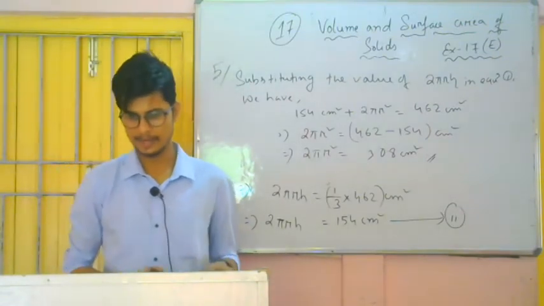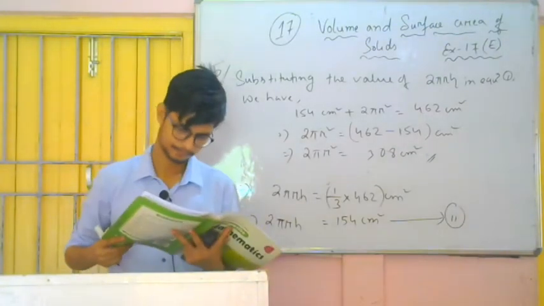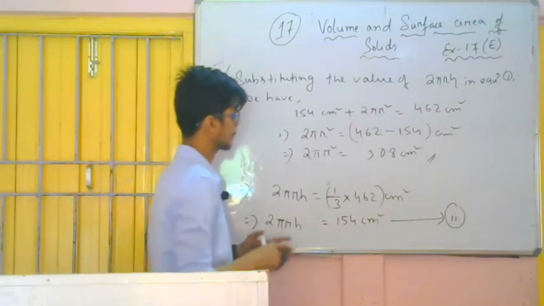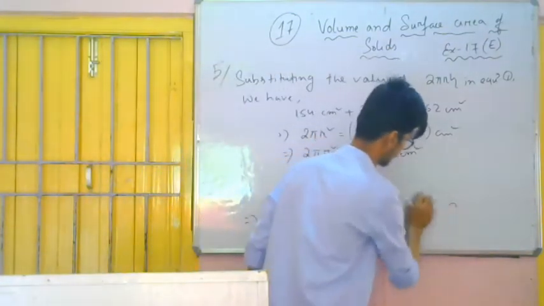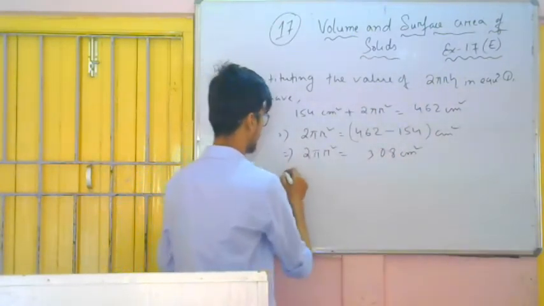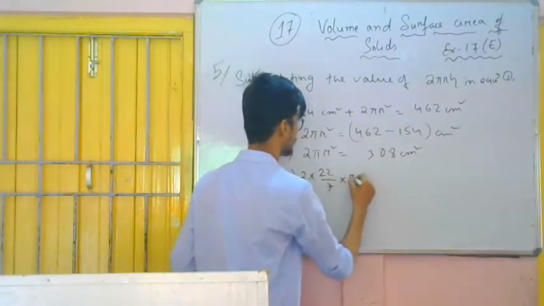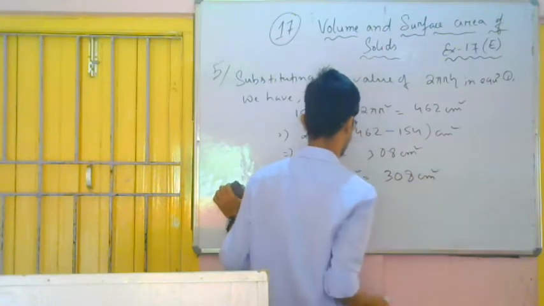So from this I got 308 centimeter square. Okay, now from this one I will calculate the value of r. Pi is 22 by 7, radius we don't know, it is equal to 308 cm square.